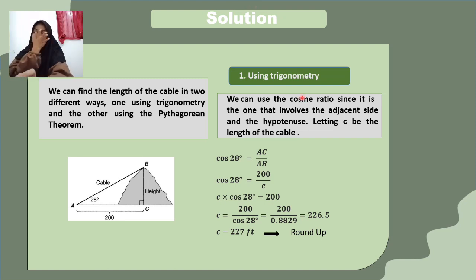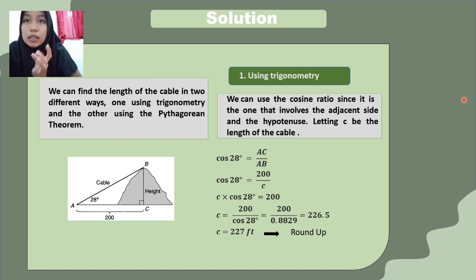This is step 1. Using trigonometry, we can use the cosine ratio since it is the one that involves the adjacent side and the hypotenuse. Let C be the length of the cable. Cos 28 equals AC over AB.